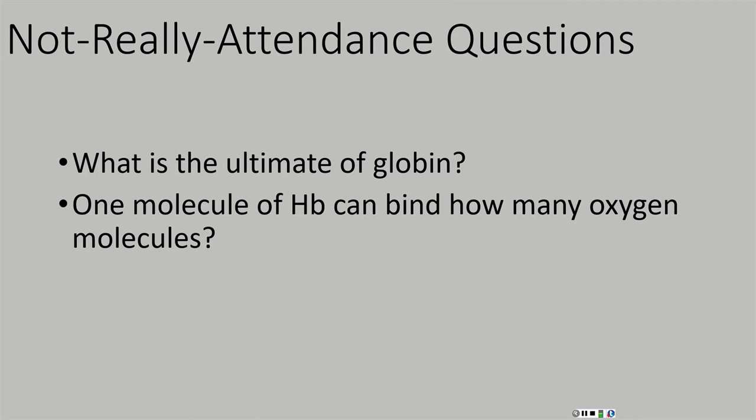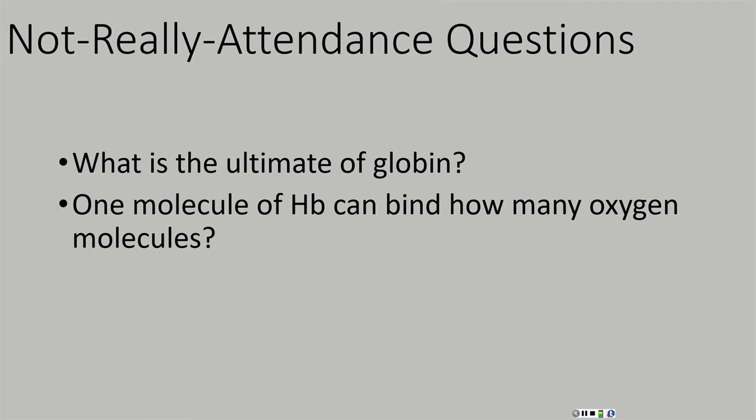And like all proteins, it's made of amino acids. So the globin is broken down into amino acids, which are then recycled to make more proteins. Now, it doesn't have to be more globin. It could be any protein, because they all use those same amino acids.